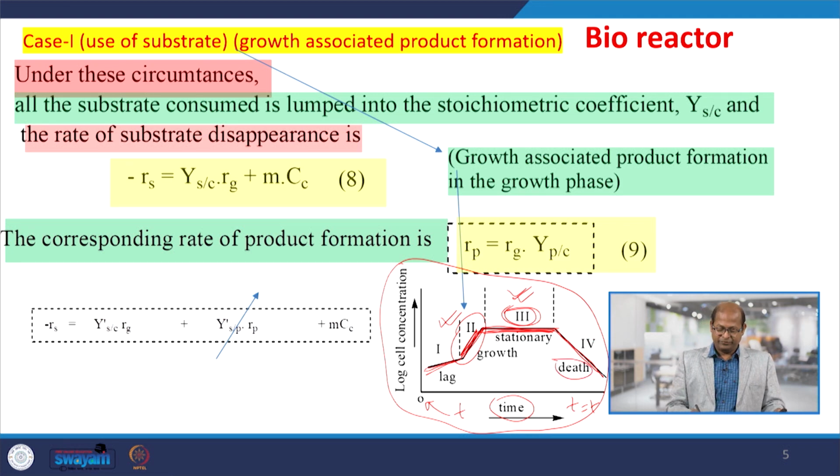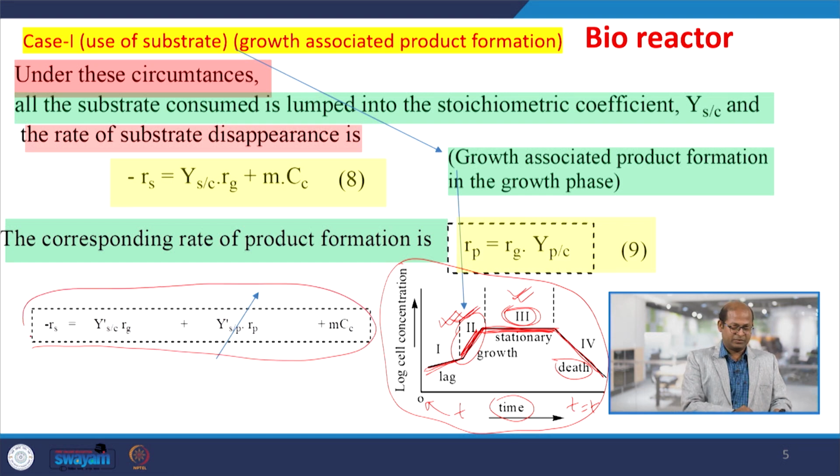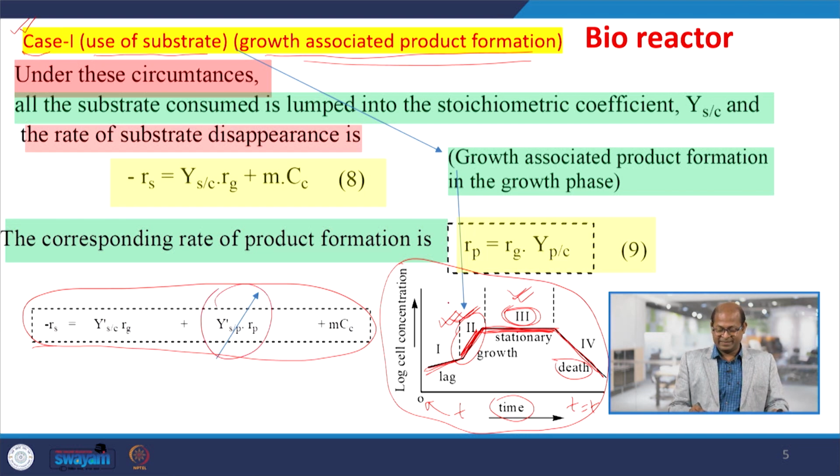Here, if we look into phase 2, this is the general substrate consumption or disappearance reaction we can write. At stage 2, this is the case we are discussing, where use of the substrate is growth associated with product formation. If there is no product formation at stage 2, only new cell formation, then this part of the equation we can eliminate, and only this part and this part are left.